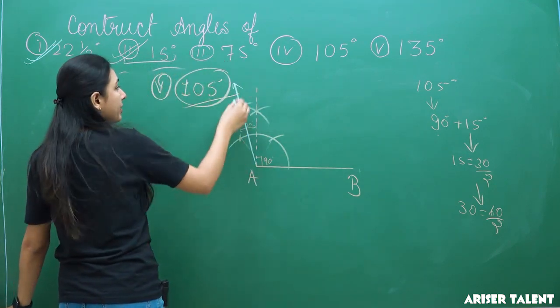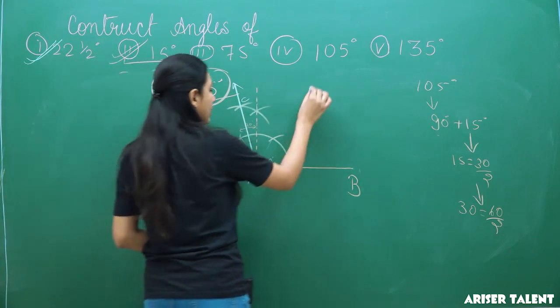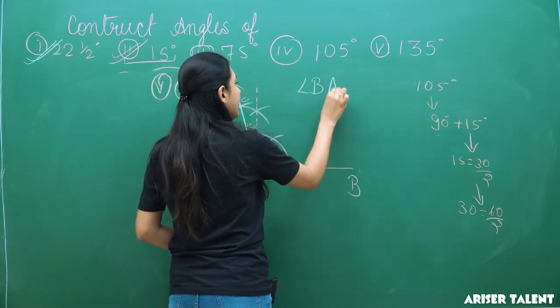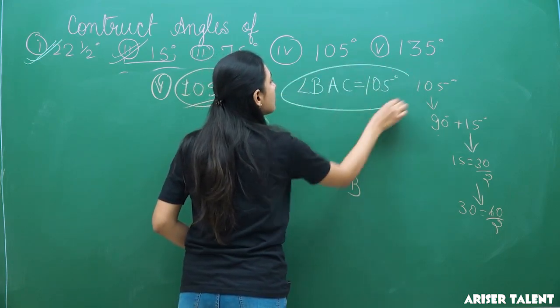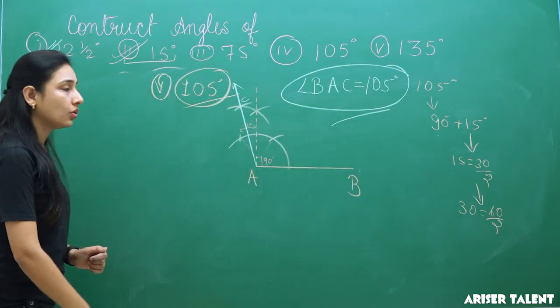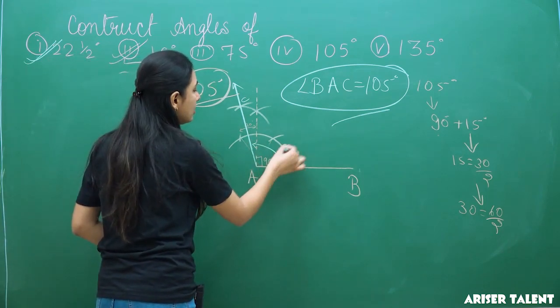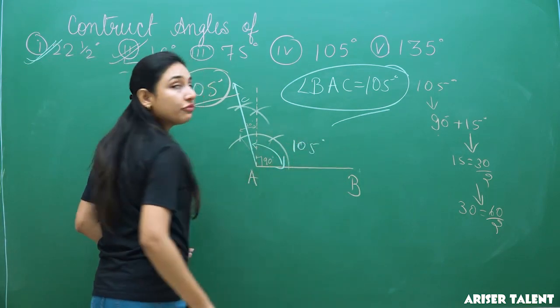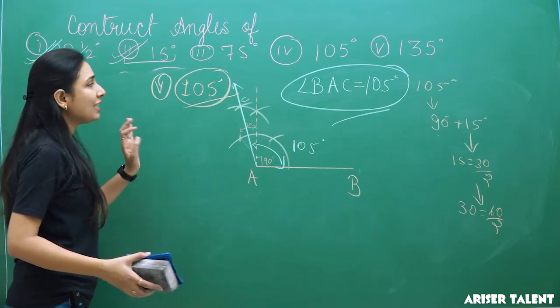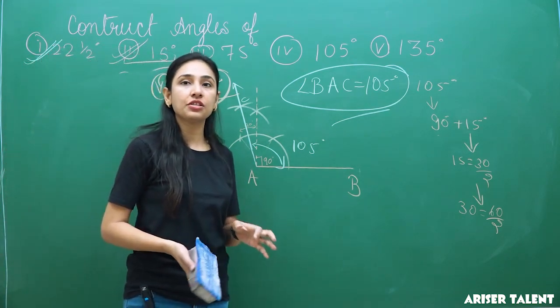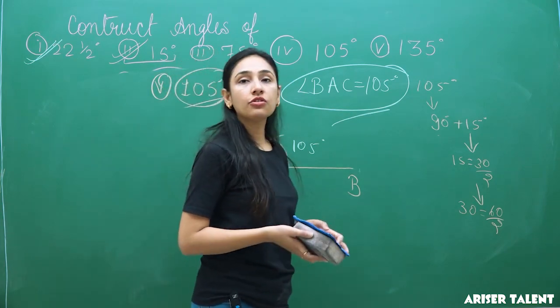Let's suppose this is point C, then angle BAC is equal to what? 105 degree.